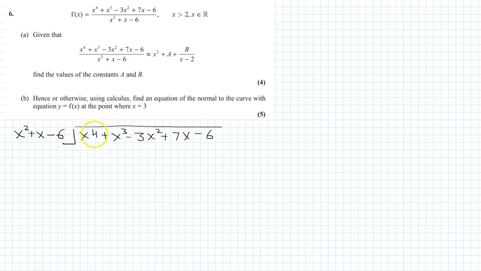This is x squared, this is x to the power 4. So we multiplied by x squared. x squared times x squared is x to the power 4, x squared times x is x to the power 3, and minus 6x squared.